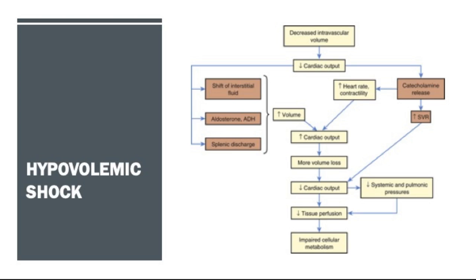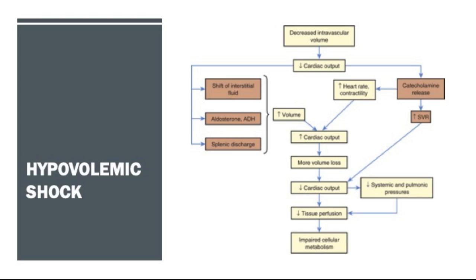The cardiac output drops because there isn't blood to pump. Now, because of this decreased cardiac output, the body will release catecholamines, which will increase your heart rate and strength of contractility, as well as shift interstitial fluid and release aldosterone and ADH to work with the kidneys to conserve more fluid.